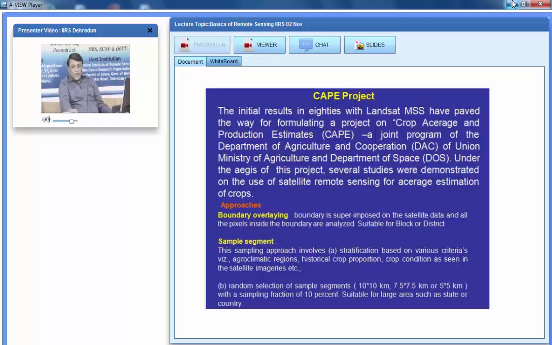If the region is more homogeneous, one should choose a coarser sample segment size. The sample segment should be 10% and it is suitable for large areas.